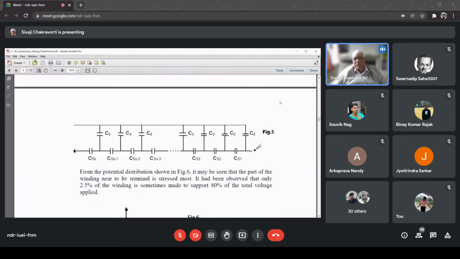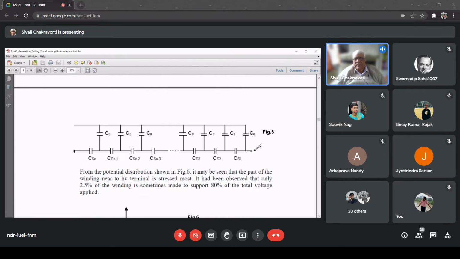Okay, first now let us see that if these are the disk capacitances, then they will be more or less same, because disk sizes do not change. So therefore, at the high voltage terminal here, that is on the right hand side, earth terminal is on the left hand side. I have intentionally drawn it in this way to save space.